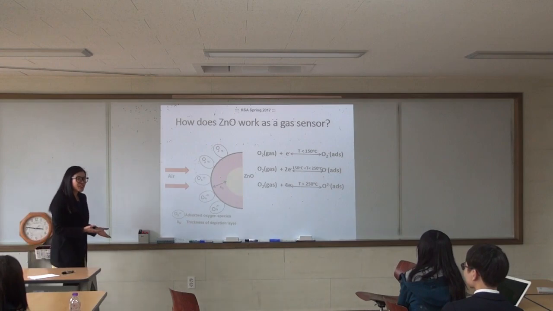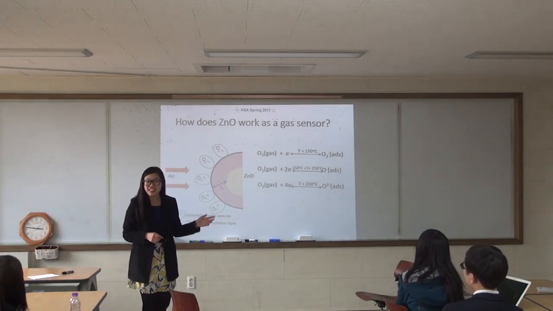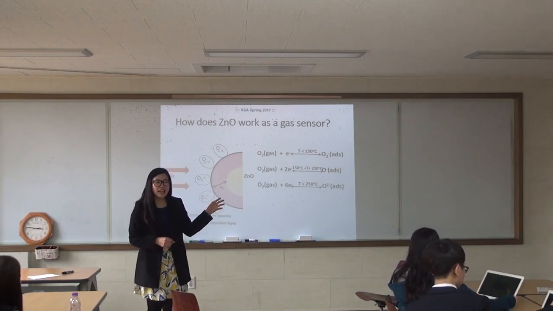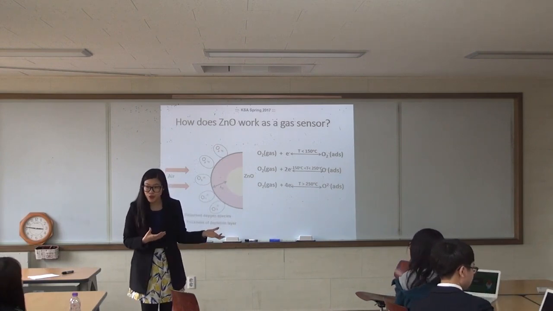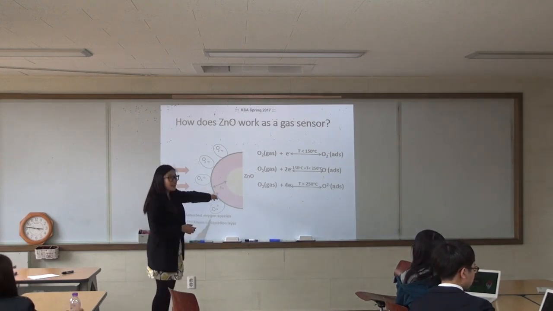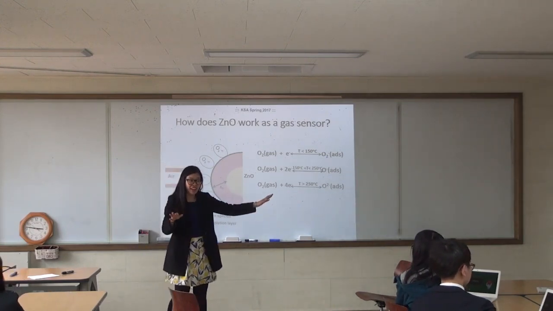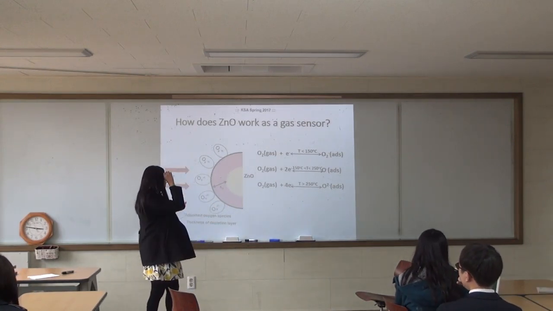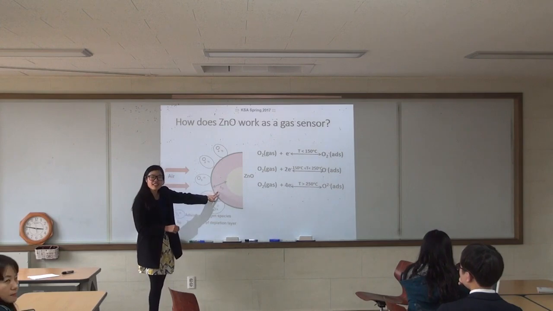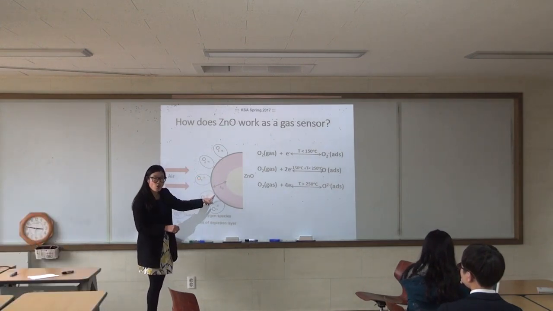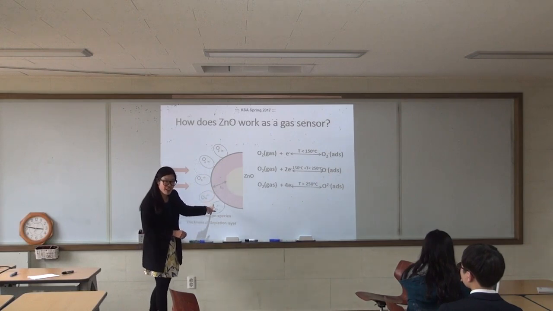Because today we focus on gas sensor applications, I will talk roughly about how they work. For the first step, zinc oxide is exposed to air, right? In the air there is a lot of oxygen gas, and when zinc oxide is exposed to air, oxygen gas is adsorbed on the surface of zinc oxide.